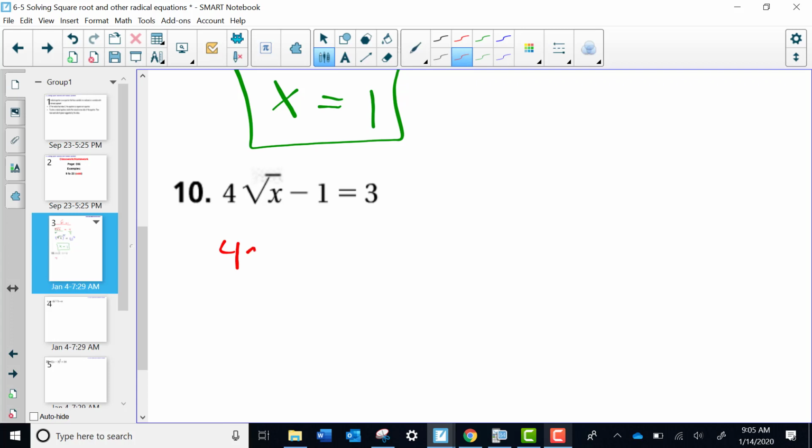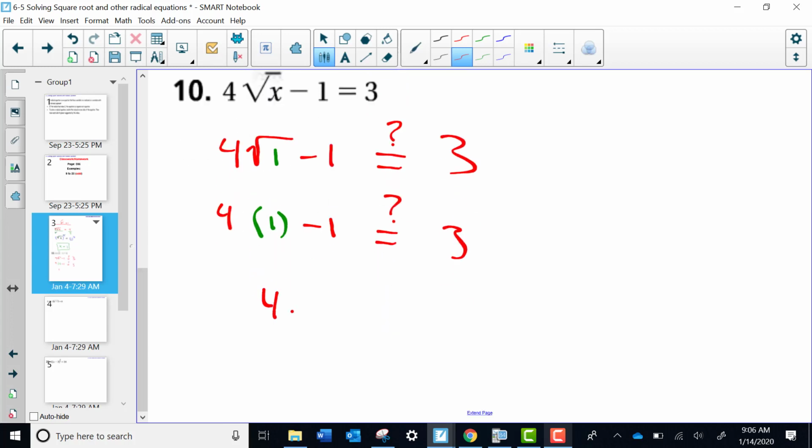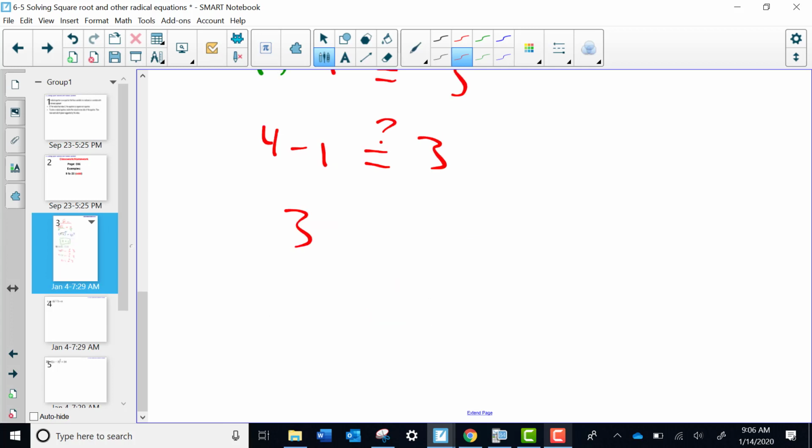So 4 times the square root of 1 minus 1, does that in fact equal 3? 4 times the square root of 1, the square root of 1 is 1. So 4 times 1 minus 1, does that in fact equal 3? And as you can see, 4 minus 1 does equal 3.